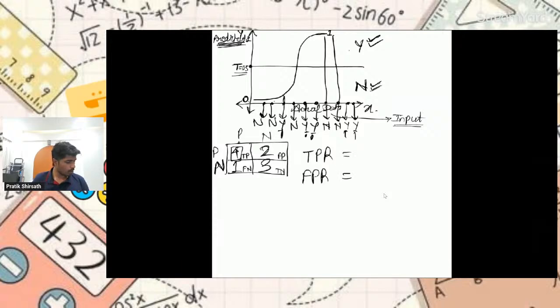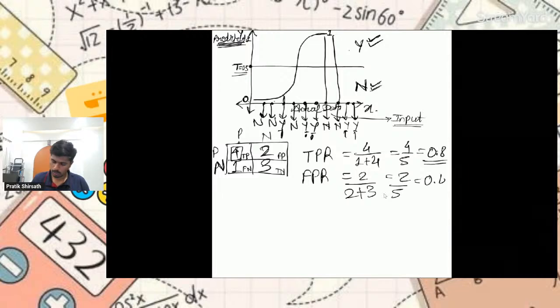For TPR, it will be 4 upon 1 plus 4, that is TP upon TP plus FN, so 4 upon 5, which will be 0.8. And FPR is FP upon FP plus TN, that is 2 upon 2 plus 3, which is 2 divided by 5, so 0.4 if I'm not wrong.